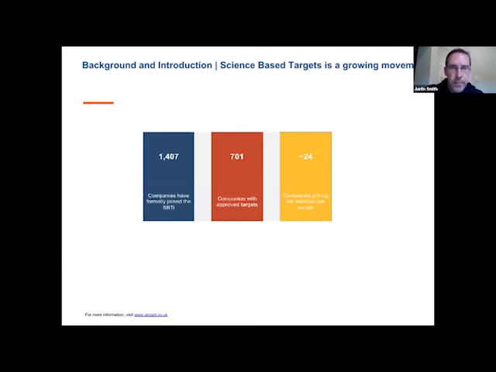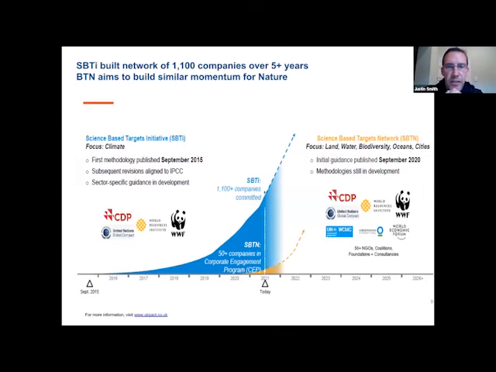Having seen that growth in terms of SBTI, the next scope of this, and a really critical point, but one that I don't want to scare anybody on the call with at the moment, is that we're really looking at climate and biodiversity loss as being the two global gigantic challenges that we need to face.